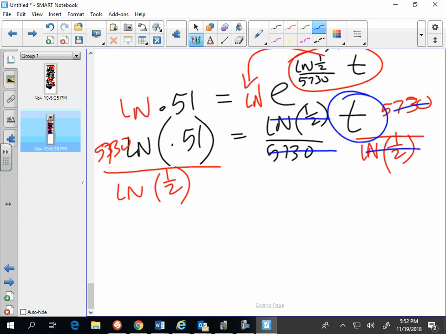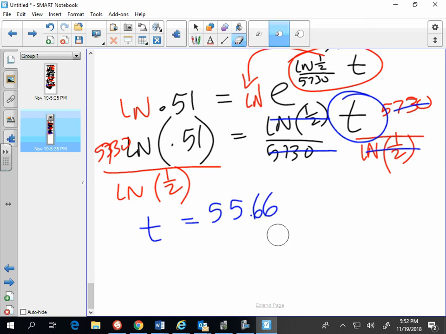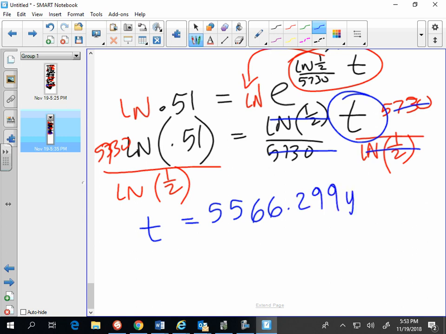I end up then with t equals 5,566.299 years old. That is an old ruler. This mummy is 5,566.299 years old because it has 51% of its carbon remaining. Okay, that was problem number 6.